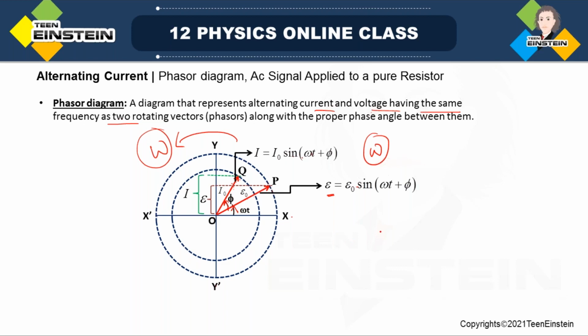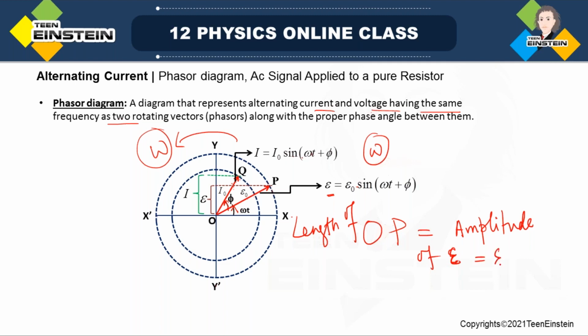Look here, the length of OP will give you the amplitude of this EMF, which is E0. And the length of OQ will give you the amplitude of the current, which is I0.